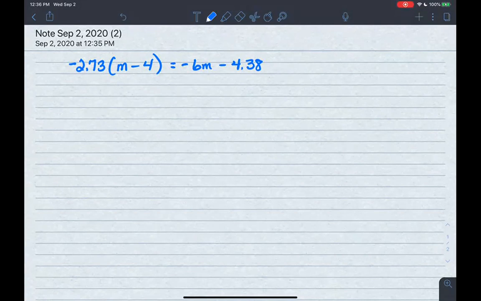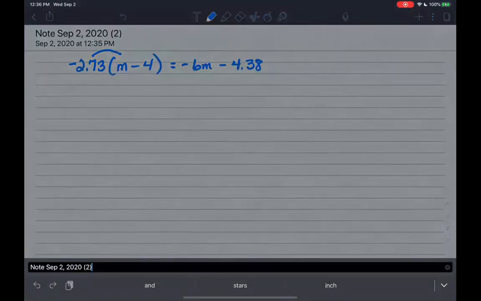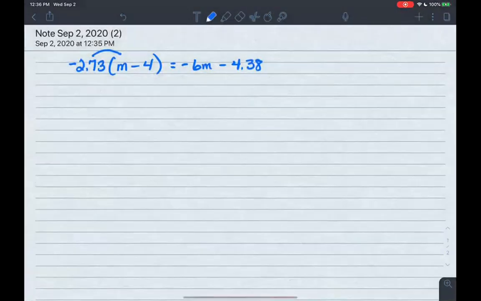So what should we do first? And I need you to either shout it out or you can put it in the chat. Multiply the negative 2.73 with the m and 4. Correct. So that's the distributive property, right? So we're distributing that. So negative 2.73m.